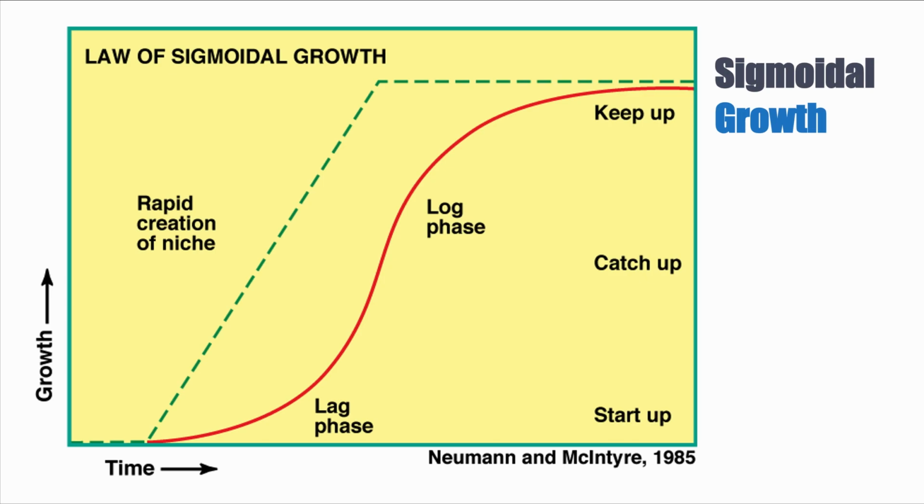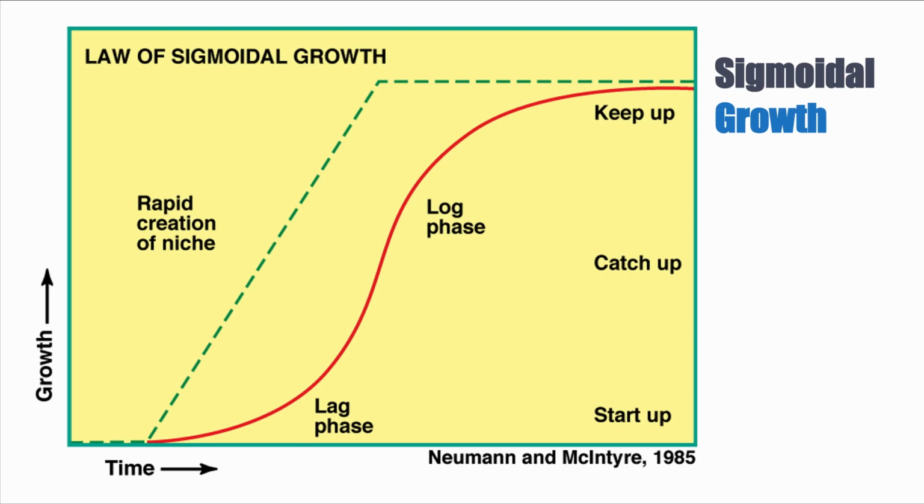So on the vertical axis we have growth, on the horizontal axis of this diagram we have time. The creation of the niche is rapid, and of course the carbonates will want to colonize this new niche because it's ideal conditions for them to grow. But to do so, they need to reproduce. They need to essentially have offspring that then go and colonize this environment.